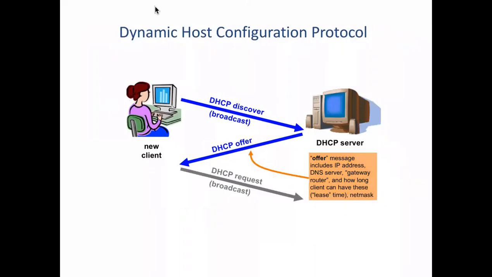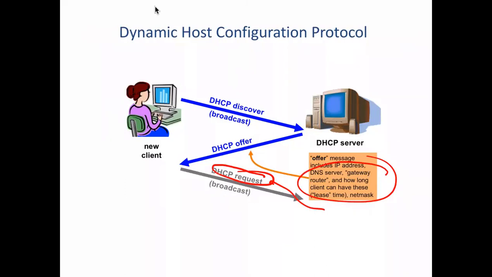Then she picks one of those and broadcasts a request that contains all these parameters that she has got in the message, and selected one. All those parameters are listed here, and she will broadcast it to all, and it will be seen by all nodes. Of course, regular laptops will reject it right away. The DHCP server which is selected knows that now the IP address of Alice is this.